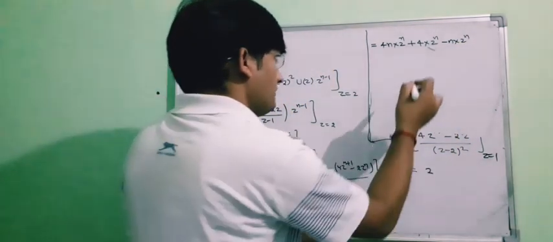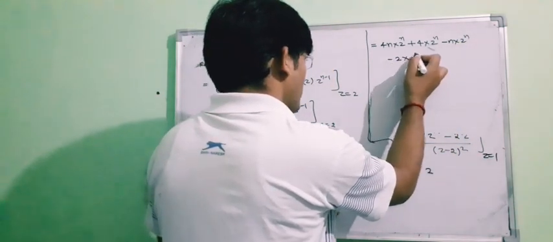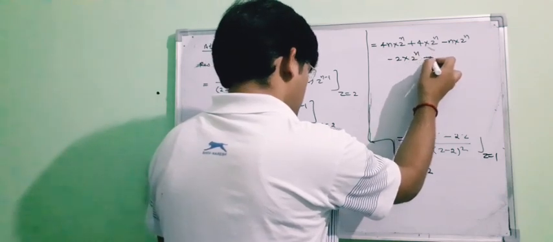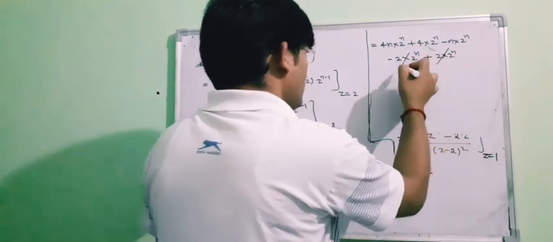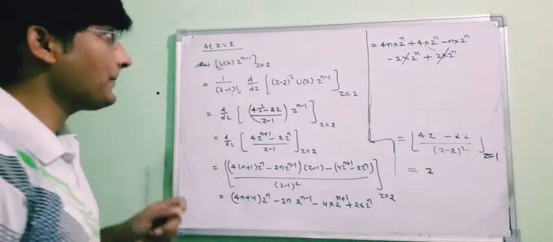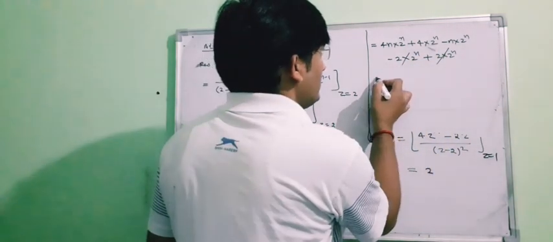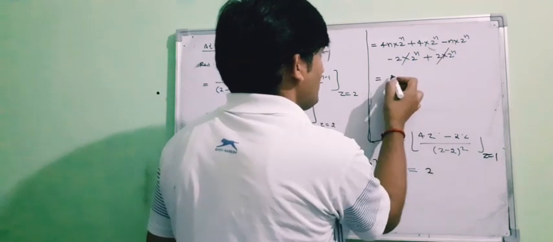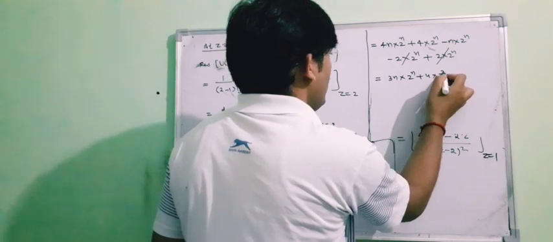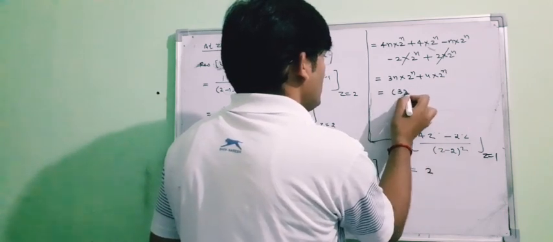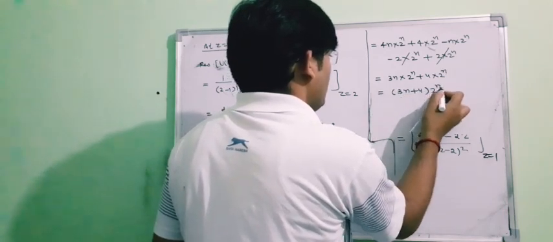Here we will have minus 2 times 2 power n, and this is your 2 into 2 power n. So this cancels, and this will be 3 times 2 power n plus 4 times 2 power n. So that means this is your (3n plus 4) 2 power n.